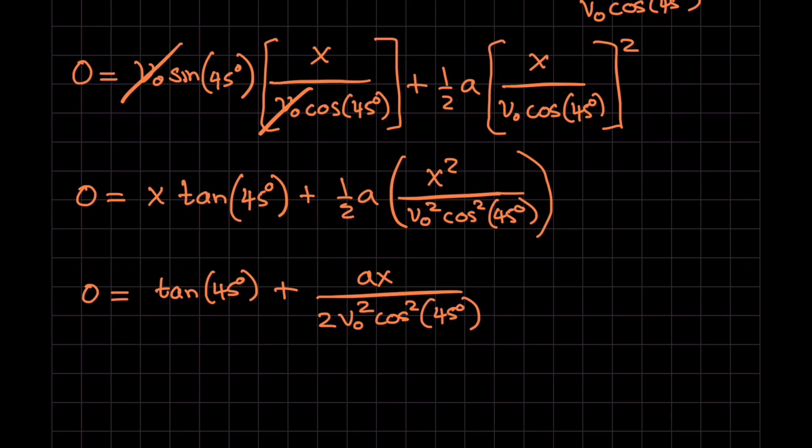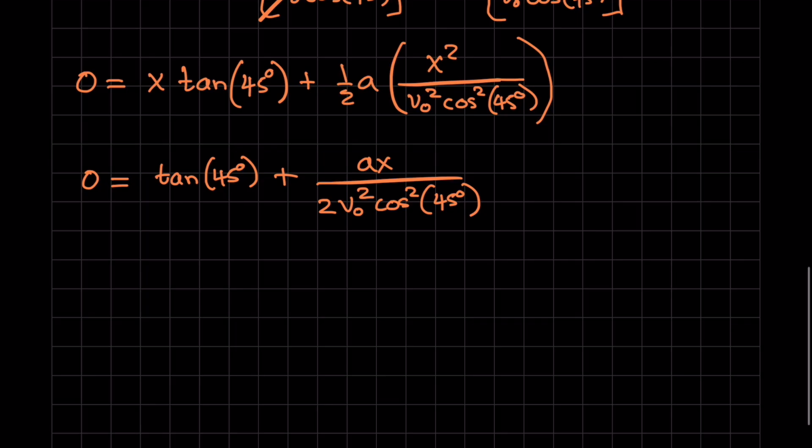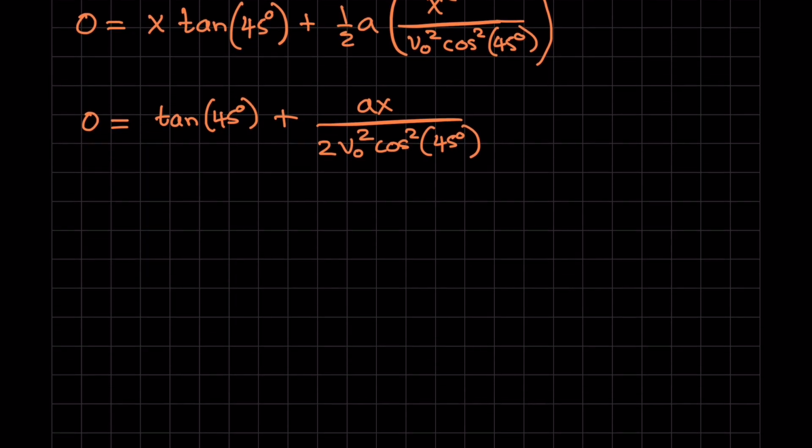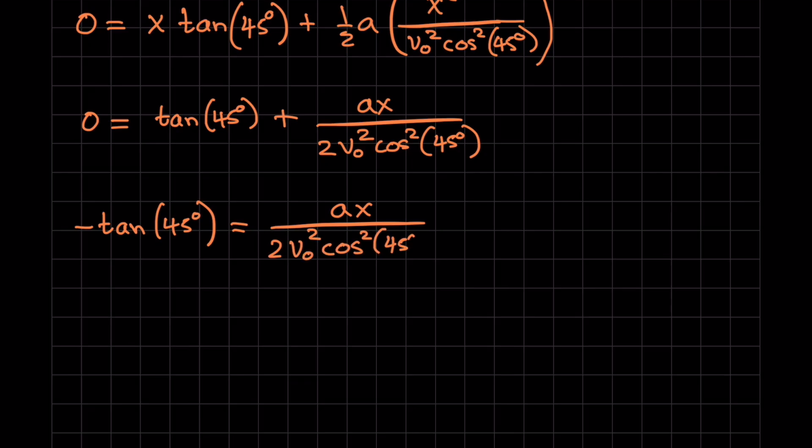Okay, so getting better, but I still have to clean this up a little bit. What we'll do is move the tangent to the left-hand side, so we have a negative tangent of 45 degrees is equal to ax divided by 2 v naught squared cosine squared 45 degrees.